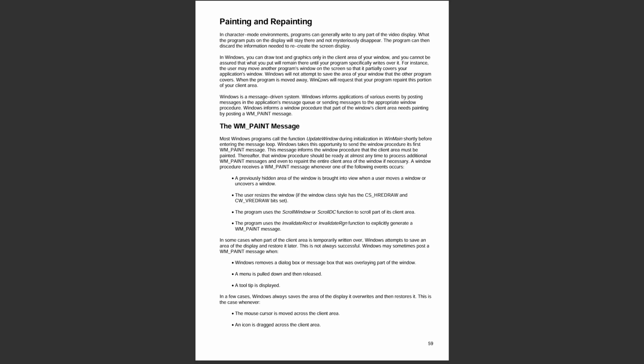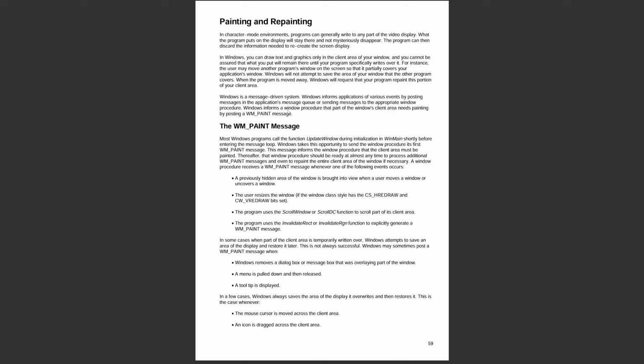Windows will not attempt to save the area of your window that the other program covers. When the program is moved away, Windows will request that your program repaint this portion of your client area. Windows is a message-driven system. Windows informs applications of various events by posting messages in the application's message queue or sending messages to the appropriate window procedure.